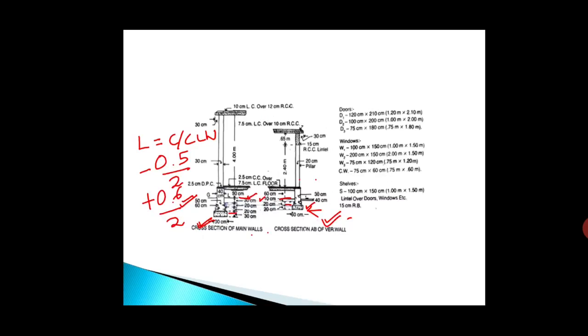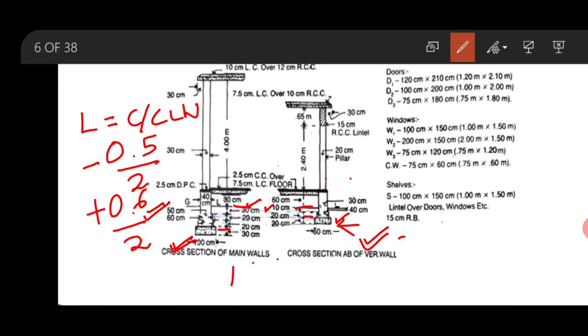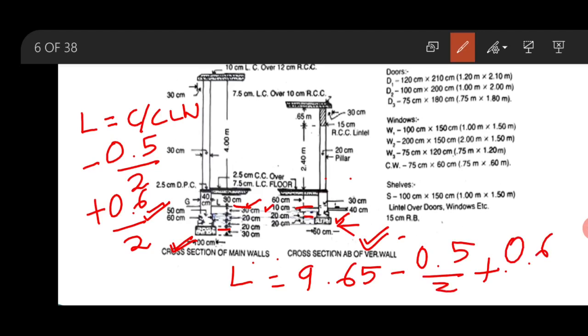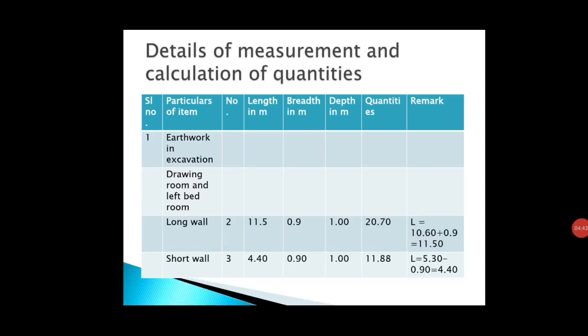Therefore the length will be, center to center length is 9.65, from that subtract 0.5 by 2 and add 0.6 by 2. So this is the net length. Now we will move to the details of measurement form.